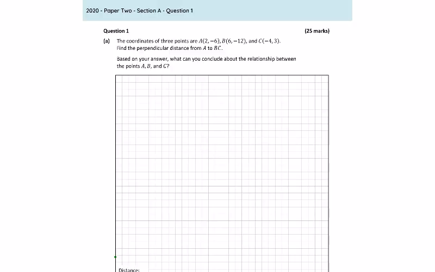In this question, we're asked to find the perpendicular distance from A to BC. So we have the point A, and potentially we have the line BC over here. So let's have a look at what happens in this question. We have A, so we need the equation of BC. So let's just plot B and C to see if it is a positive or negative slope.